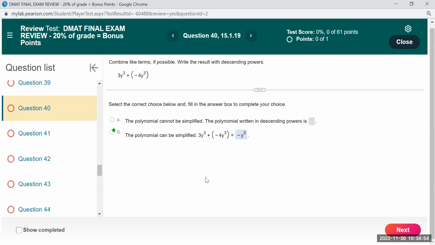Combine like terms if possible. Three y cubed plus negative 4y cubed.